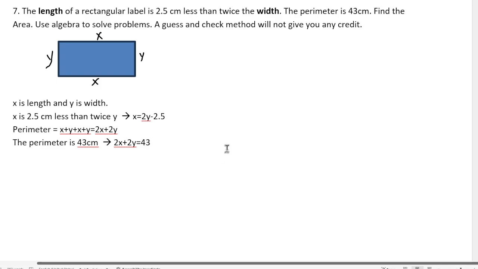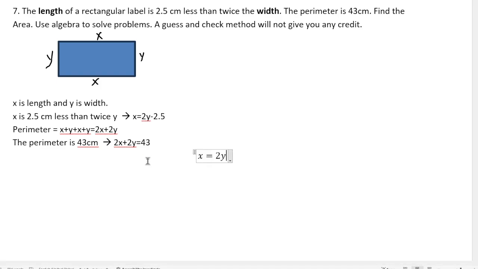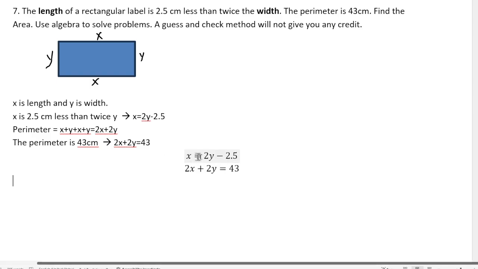Okay, so we're almost done. We can now take these two equations as a system of equations. So let's write that down. System: x equals 2y minus 2.5 is one equation, and 2x plus 2y equals 43 is another equation. And when you solve a system, you solve one of the equations for x.